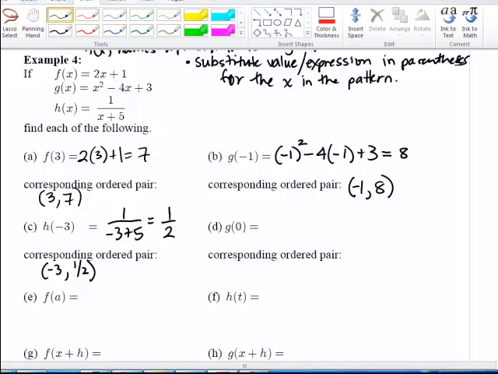And then g of 0 would be putting 0 in for x, and again using the pattern g. So we'd have 0 squared minus 4 times 0 plus 3, which gives us 3. So the ordered pair would be: the x was 0 and the y, the output, is 3.